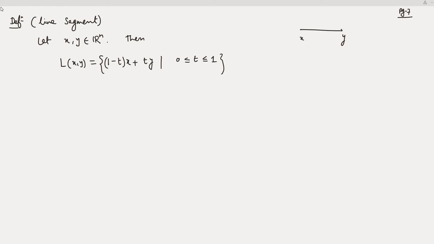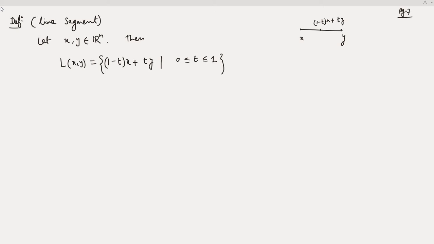If you have some point over here, one can write this point as (1 minus t) times x plus t times y. For t equal to 0 it is x, and for t equal to 1 it is y. At time t equal to 0 the point is x, and at time t equal to 1 it is y, and for every t strictly greater than 0 and strictly less than 1, it will give some interior point. So (1 minus t) times x plus t times y.